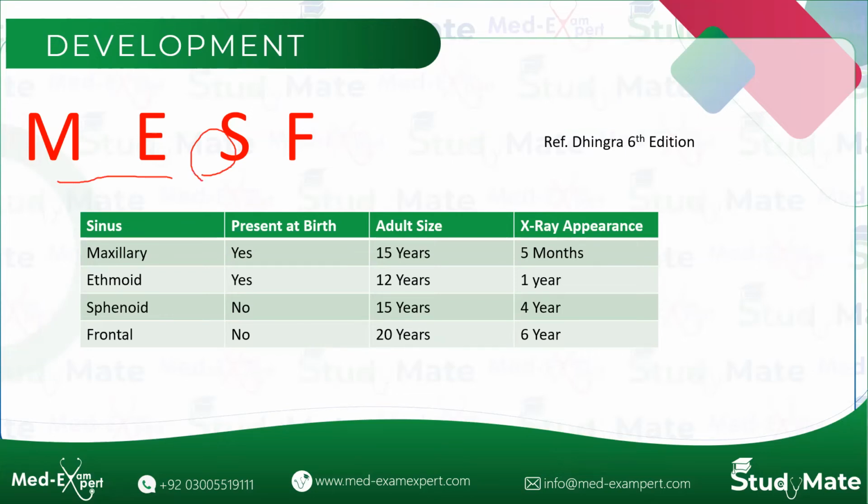इस टेबल में अगर आप देखें जो maxillary और ethmoid sinus हैं, they are present at birth. Okay, whereas the sphenoid and the frontal sinus are absent at birth.